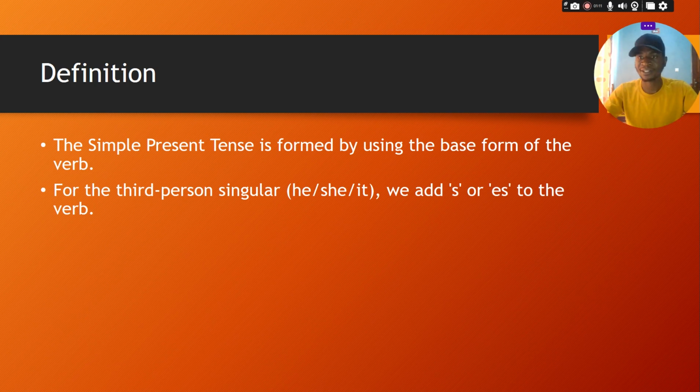If I want to use it in a sentence, usually we use it referring to things or animals. I can say it eats meat. So since we are using the third person singular, it, then we add s or es again.